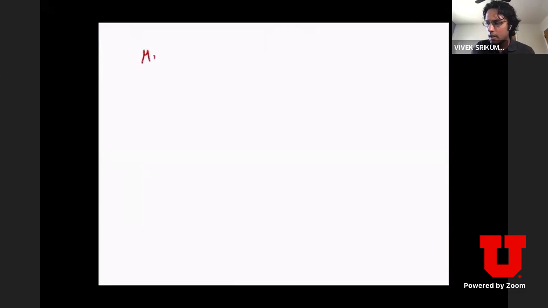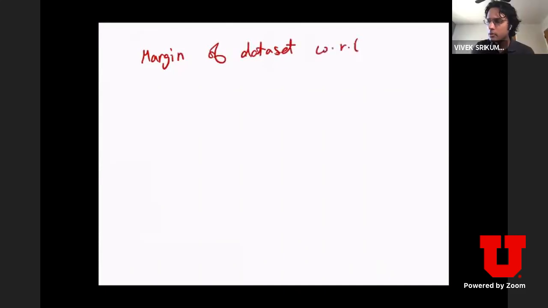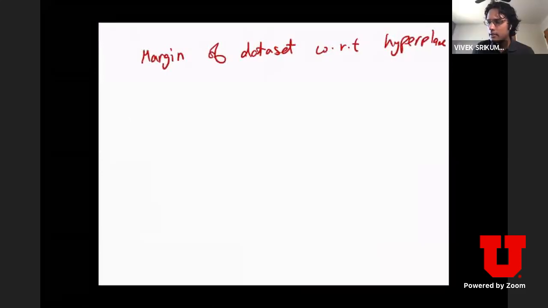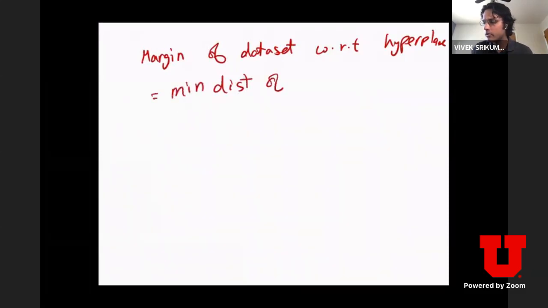There is the margin of a data set with respect to a line or a hyperplane. This is the minimum distance of any point in the data to the separator.